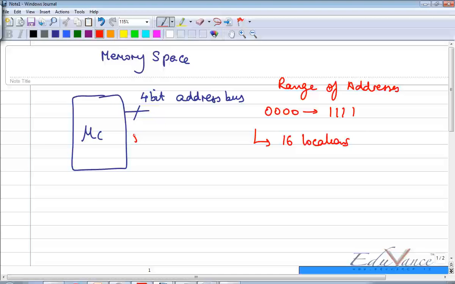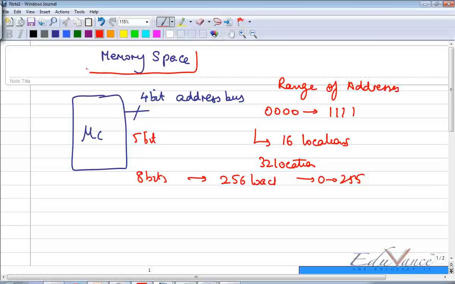Similarly, if it's 5-bit, then you'll have 32 locations. If it's 8 bits, then you'll have 256 locations, which will go from 0 to 255. So memory space means the total number of accessible locations.